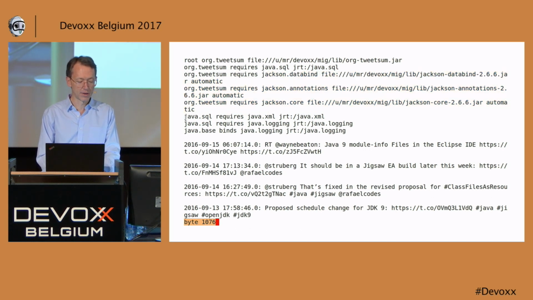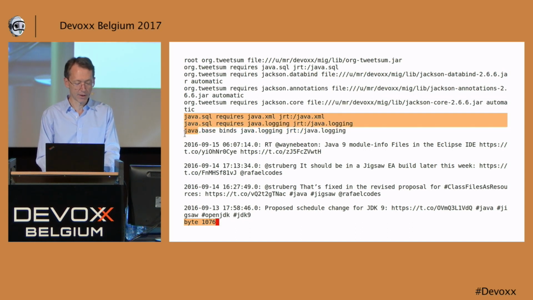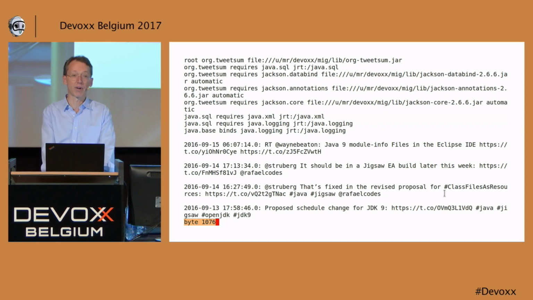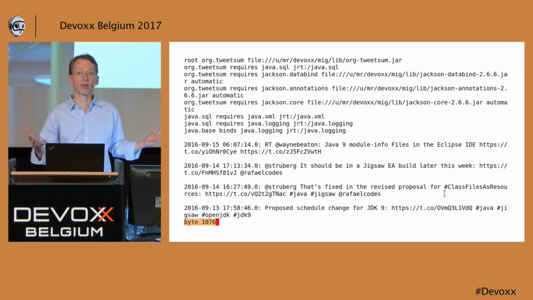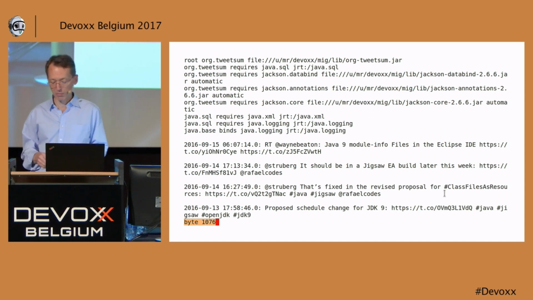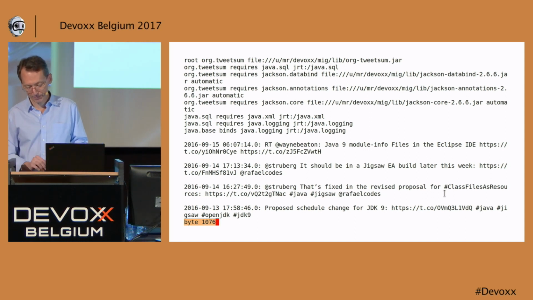It also found java.sql requires XML and SQL requires logging and so forth. And there's some other stuff going on here. So it's a very useful tool to diagnose exactly what's going on at system startup, so you can figure out maybe if some modules got loaded and you don't know why, you can read this output and figure out what's happening.